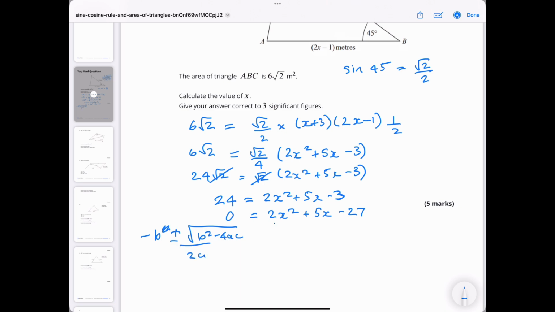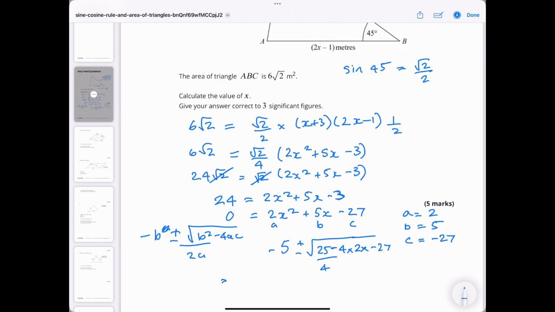So we've got a equals 2, b equals 5, and c equals minus 27. That is minus 5 plus or minus the square root of 25 minus 4 times 2 times minus 27, over 4.